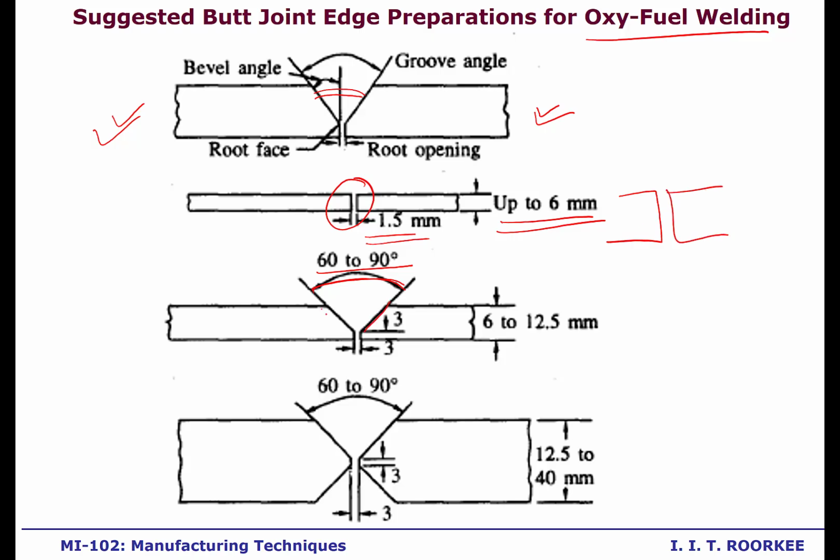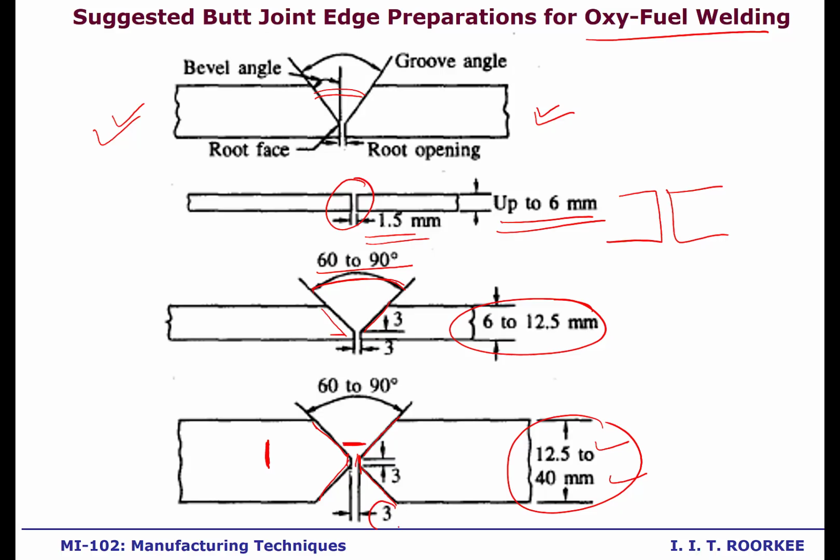Here we do V preparation for thicker sections like say 6 to 12.5 mm, and for further thicker sections of thickness say 12.5 to 40 mm, we use double V groove edge preparation with the root face. This is the root face and this is the root gap.